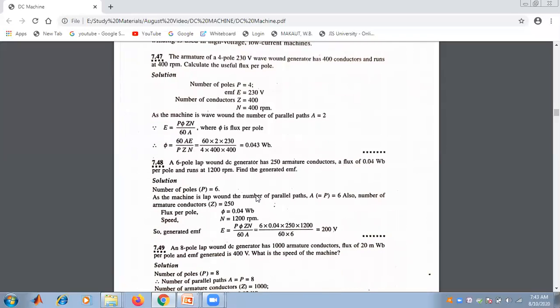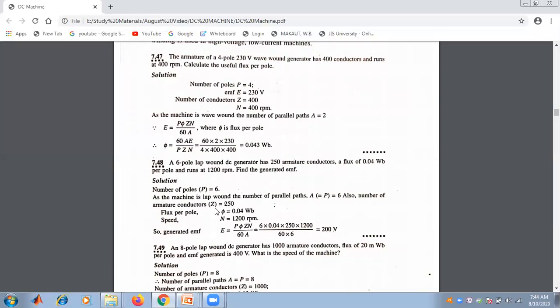Another problem is given: a 6-pole lap wound DC generator has 250 armature conductors, a flux of 0.04 Weber per pole, and runs at 1200 RPM. Find the generated EMF. So the number of poles P equal to 6. As the machine is lap wound, the number of parallel paths equal to the number of poles, which is equal to 6.